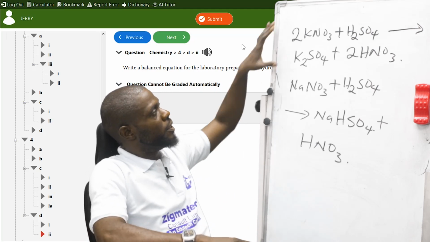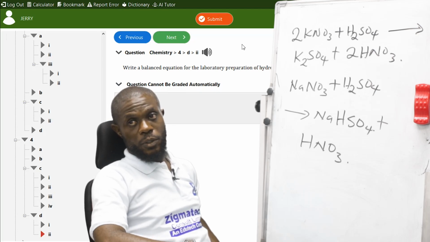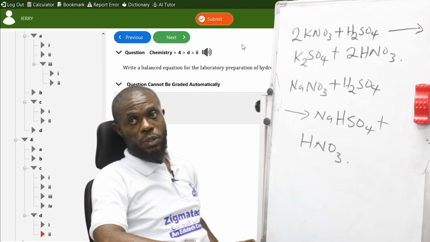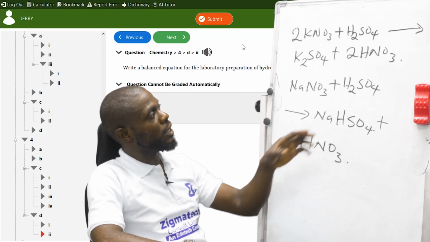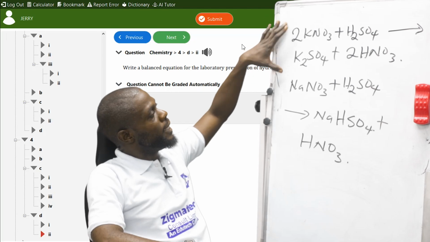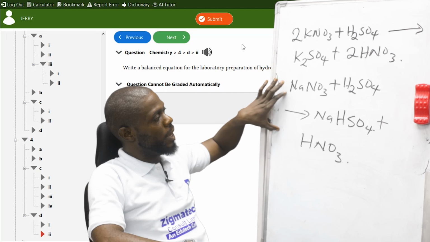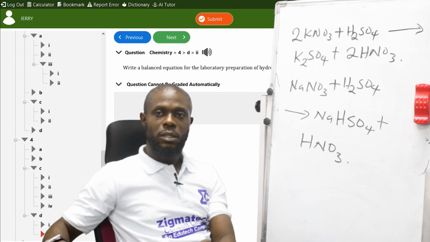So this is the balanced equation for the reaction of hydrogen trioxonitrate 5 acid. This is hydrogen trioxonitrate 5 acid. This is balanced with this, and this is balanced with this.